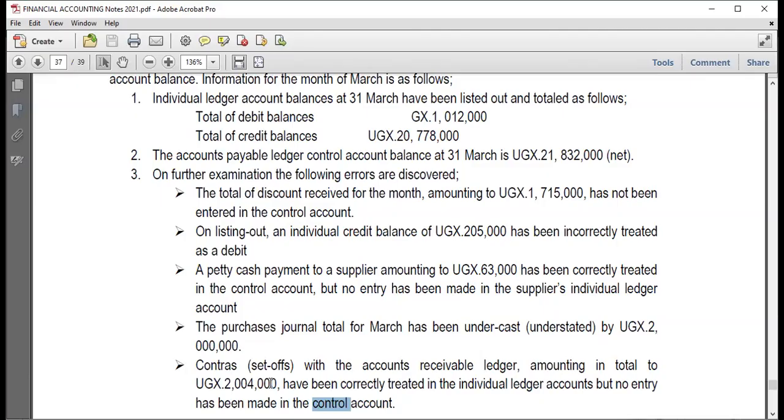So what I mean right here is that since they had not made any entry in the control account, this value should actually be entered in our control account. And the side it should be entered on is the side in which it reduces our creditors balance, which is this side.